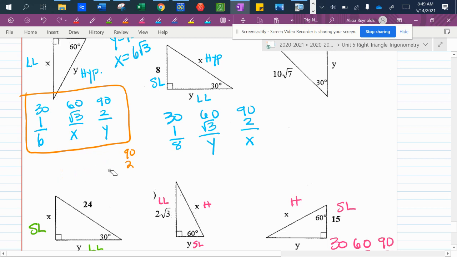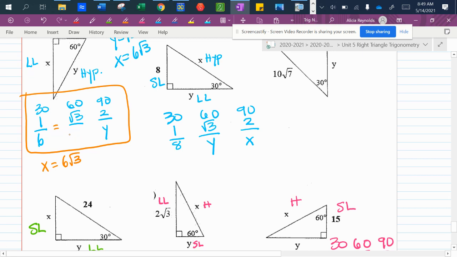So here when we cross multiply, I can't cross multiply these because I have two variables. I need to use this one that I don't have so that I have the top and bottom so I can actually solve this. So if I cross multiply, x equals 6 root 3.